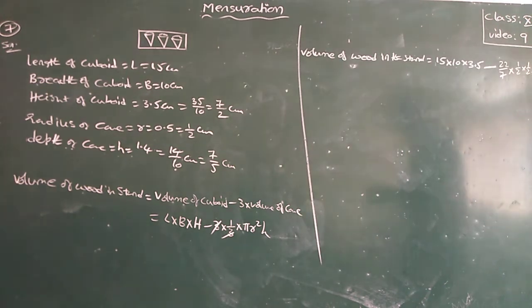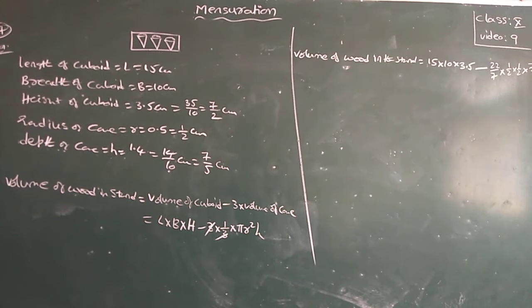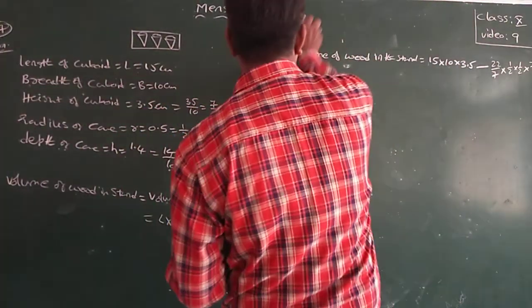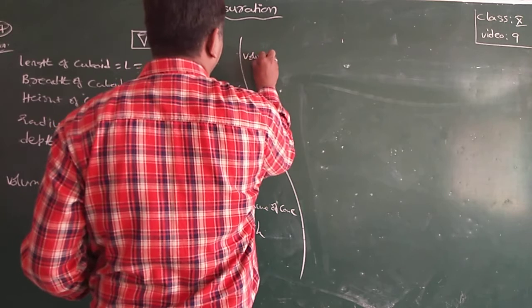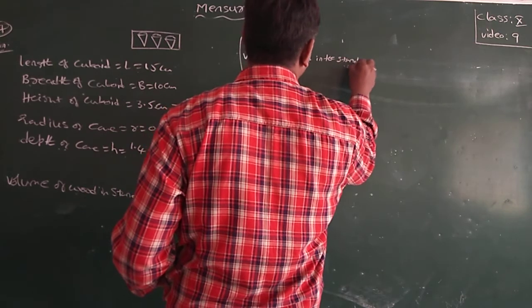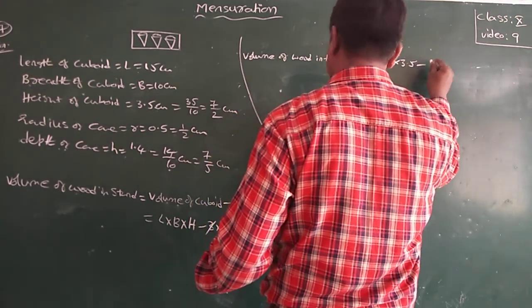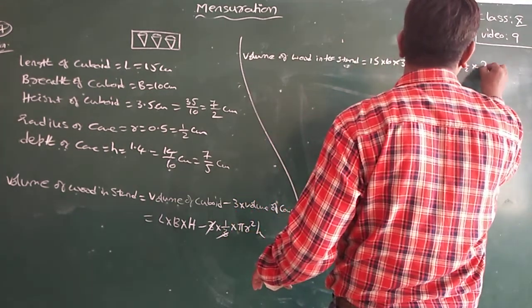Is it visible to all of you? Volume of wood in this stand is equal to 15 into 10 into 3.5 minus 22 by 7 into 1 by 2 into 1 by 2 into 7 by 5.